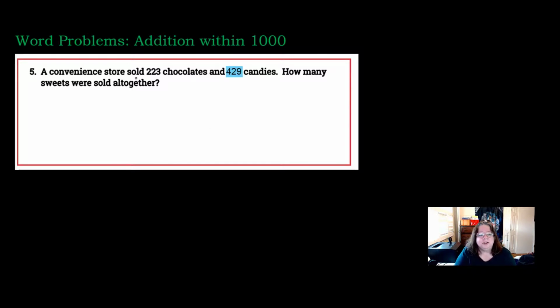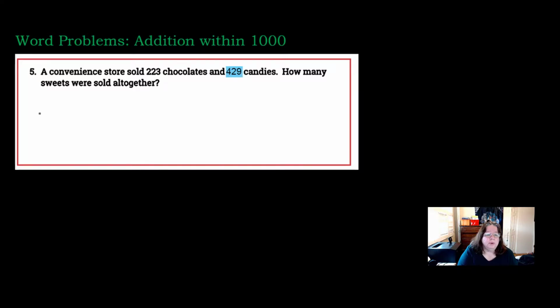So we're changing one of the numbers here. A convenience store sold 223 chocolates and 429 candies. How many sweets were sold altogether? I'm going to read it again. A convenience store sold 223 chocolates and 429 candies. How many sweets were sold altogether?